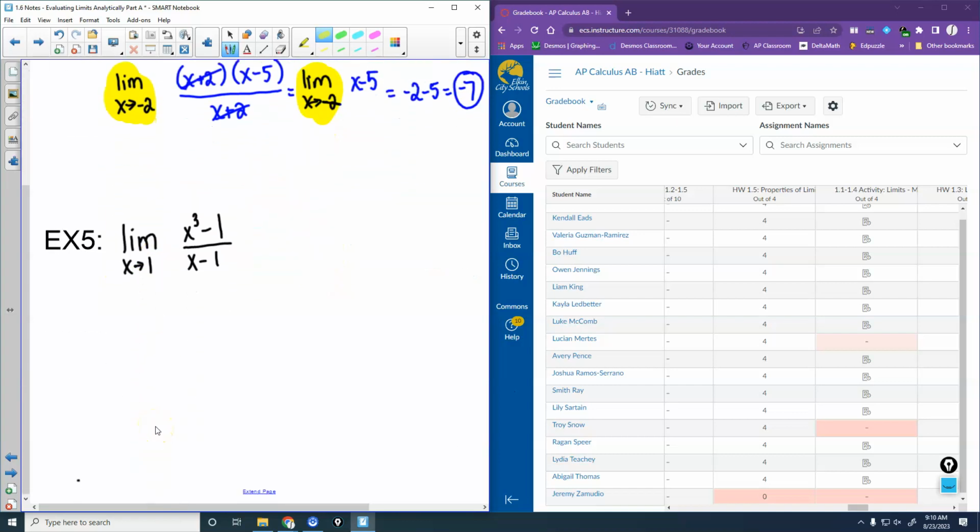All right, so does anybody know how to factor x to the third minus 1? X squared, what did you say, -1, +1, and then x minus 1. All right, let's check. I might not write this down yet.